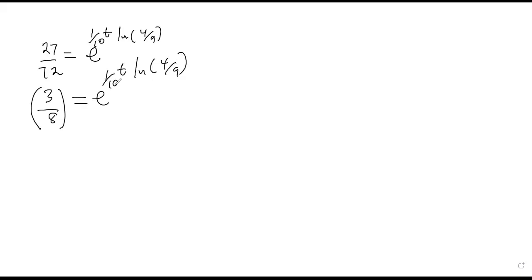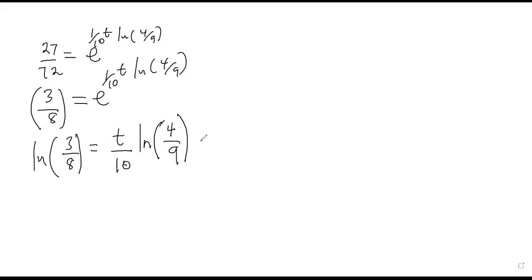Then, since what we need is t, which is a power, we shall introduce ln. Meaning ln 3/8 is equal to, when we introduce ln here, we shall neglect the power. So we shall have t/10 ln 4/9. Practice makes perfect. We are going to learn these things.